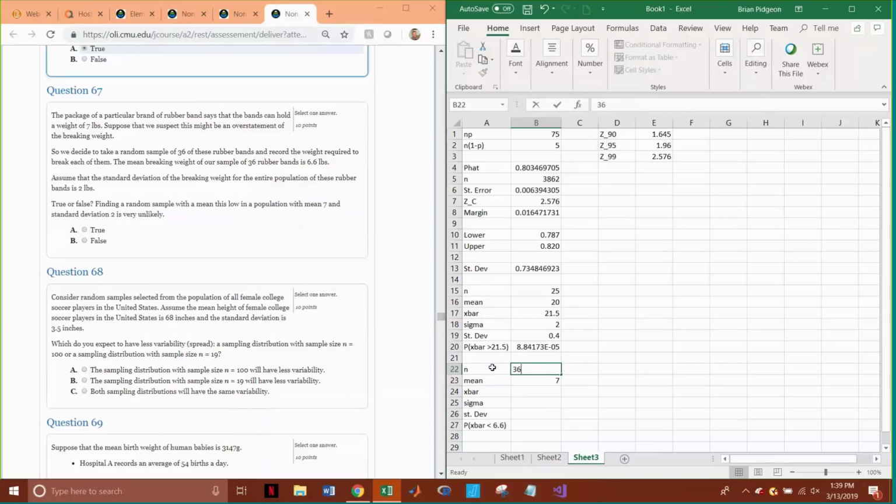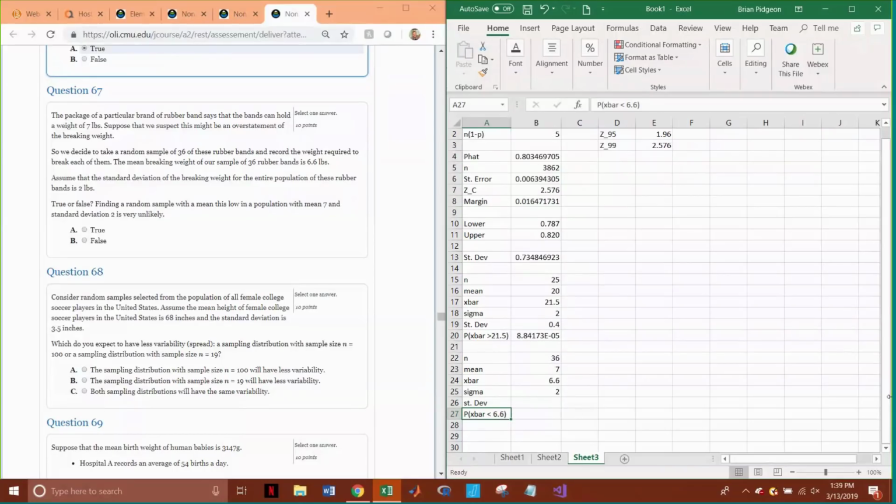So we take a random sample of 36 of those rubber bands and say that the mean breaking weight of those rubber bands is 6.6. And we know that the population standard deviation is 2. So we want to know, finding a random sample with a mean this low in a population of mean 7 is very unlikely. So we just want to know, what's the probability that our sample mean is less than 6.6, this low, 6.6 or lower.